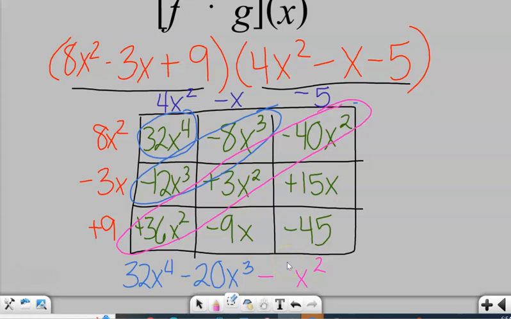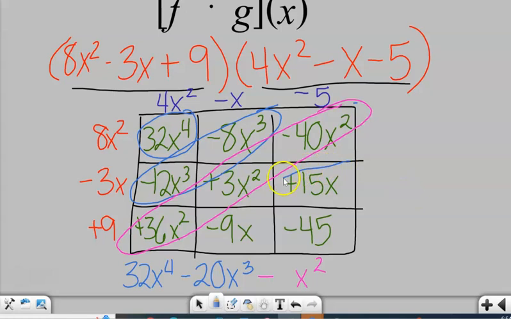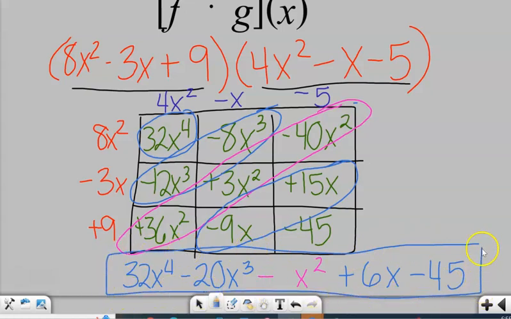We're going to leave it invisible, so I'm not going to write that 1. And then going back, we have our negative 9x plus 15x, which was plus 6x, and then our minus 45. And there's nothing special about the one that's in pink in the middle. It's just there were so many of them. I didn't want my colors to run together. So our final answer is 32x to the fourth minus 20x to the third minus x squared with the invisible 1 plus 6x minus 45.